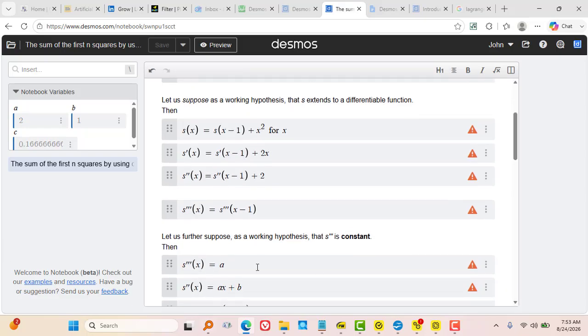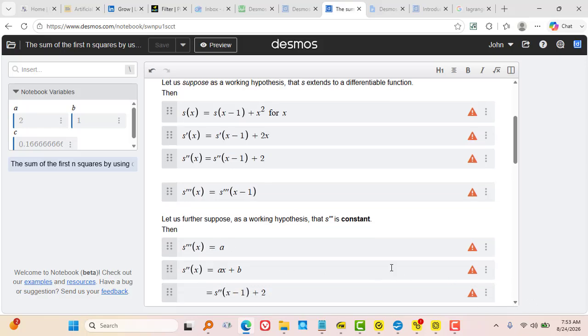So if I have the third derivative as being a constant a, now instead of differentiating, I'm going to integrate. So we know that the general form for that is to have a constant. The second derivative now will be ax plus b, but we know from our relation up here, back when we were taking derivatives, that that's going to be the second derivative evaluated at x minus 1 plus 2.